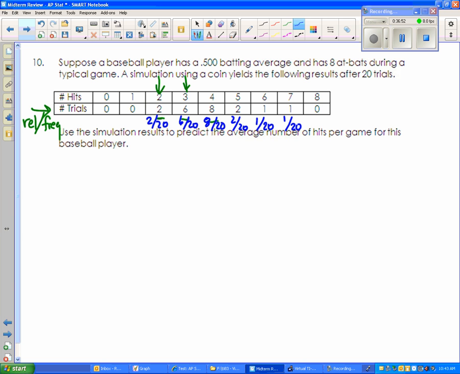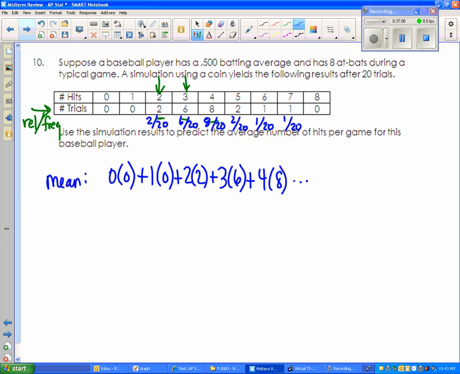The other alternative for finding the mean would be to still do 0 times 0 plus 1 times 0 plus 2 times 2 plus 3 times 6, 4 times 8. You get the idea, right? And then we'd have 8 times 0. Since I did 20 trials, I would have to divide the whole thing by 20.